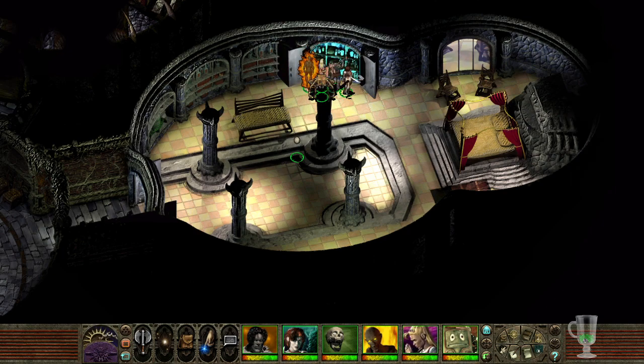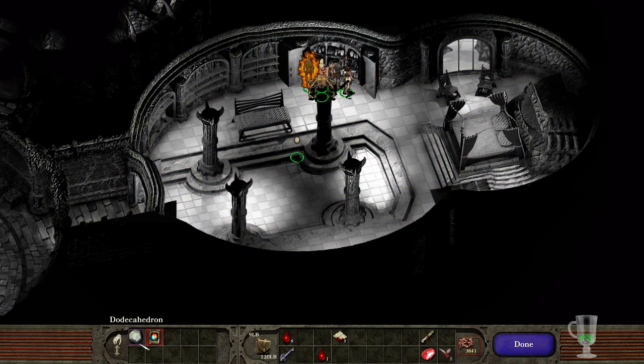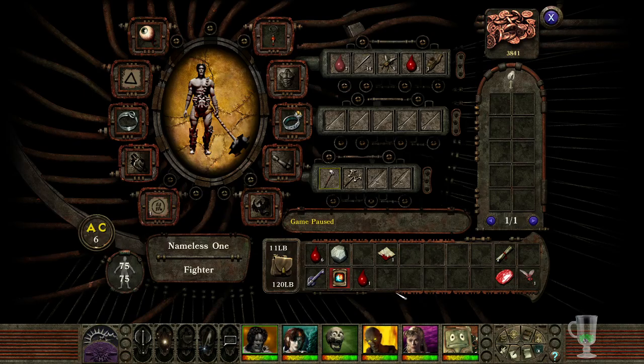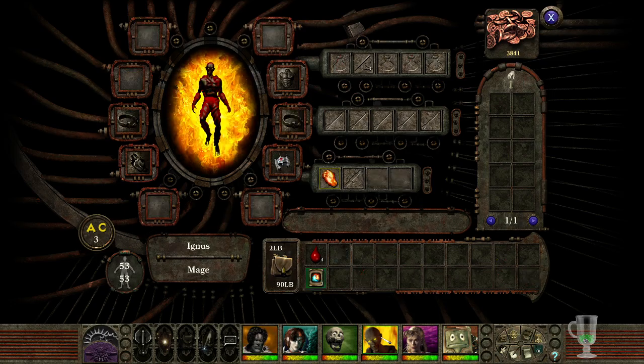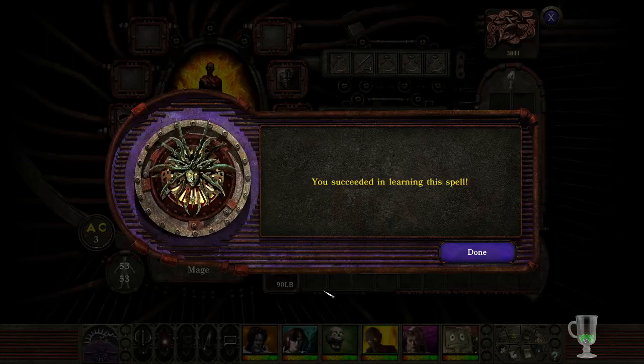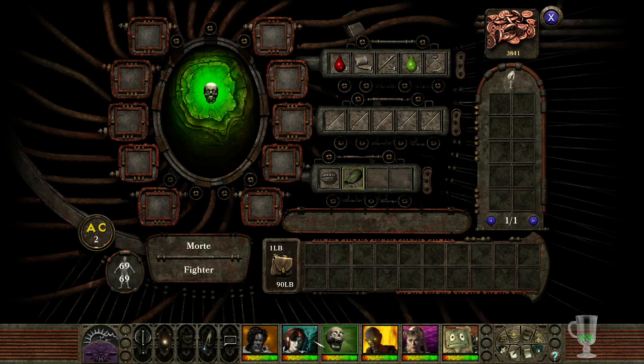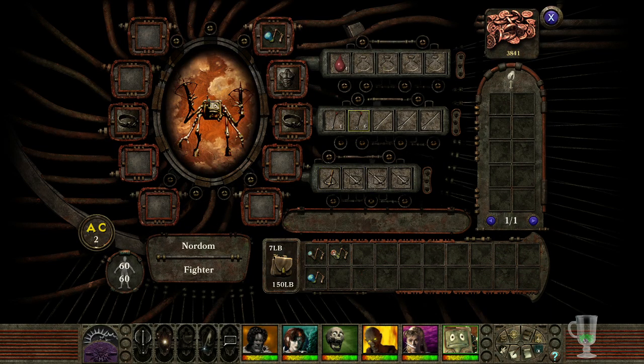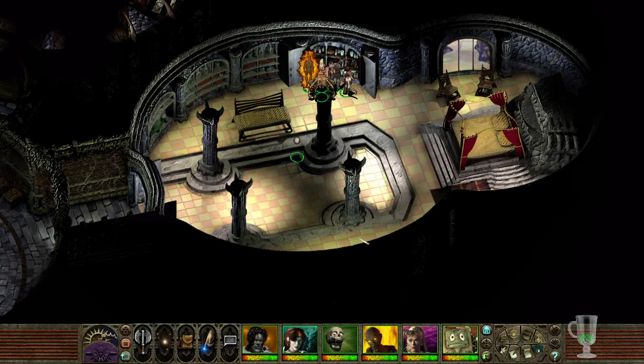Alright. So we got all this dumb shit. What's most of this even mean? What's it even do? Gain this. Learn this. Red Spear of Fire and Blue Spear of Ice shall streak forth and quickly strike down the target of your choosing. Copy spell. Everyone give all your spells to him. He's the spell man after all.